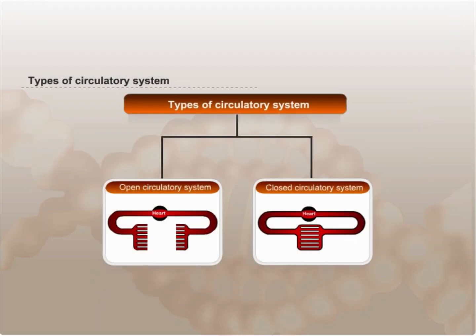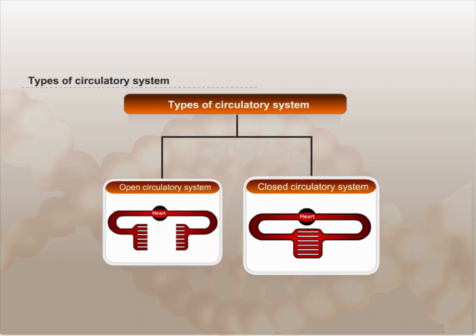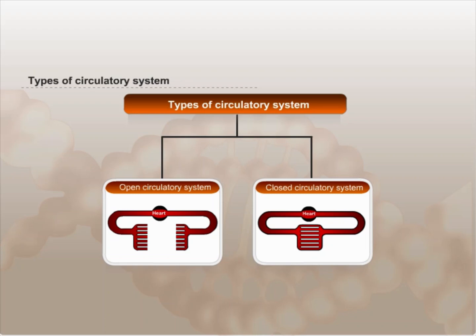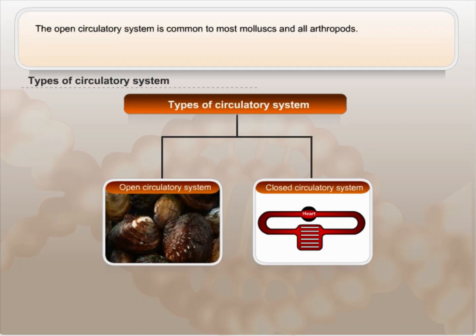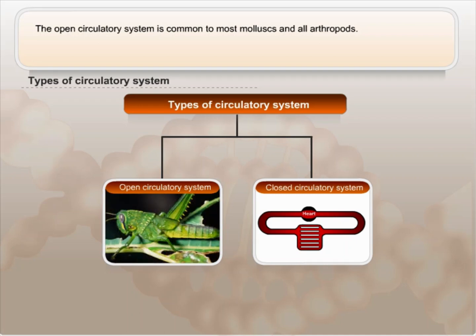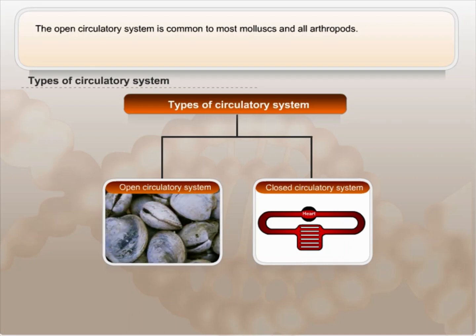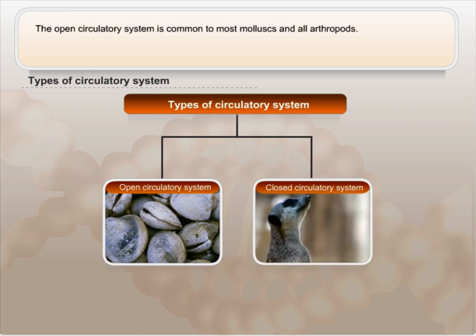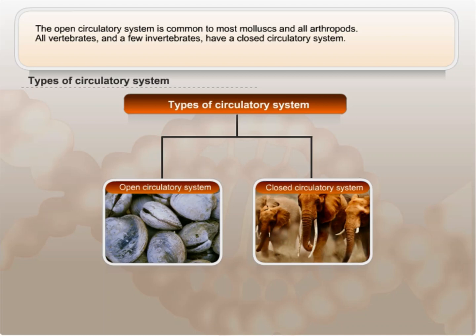There are two types of circulatory system: the open circulatory system and the closed circulatory system. The open circulatory system is common to most molluscs and all arthropods. All vertebrates and a few invertebrates have a closed circulatory system.